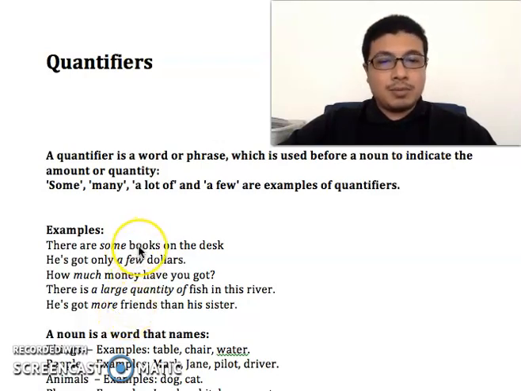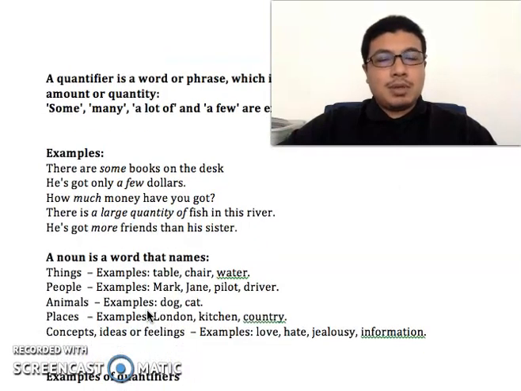So these are the nouns: books, dollars, money, fish, and friends. A noun can refer to words that name things, people, animals, places, ideas, feelings, or concepts.